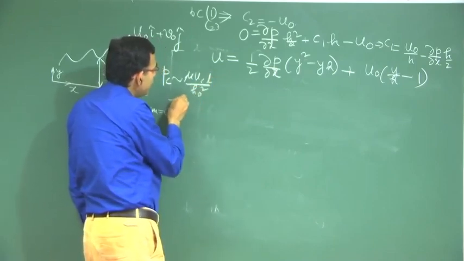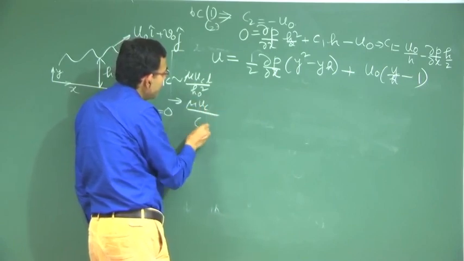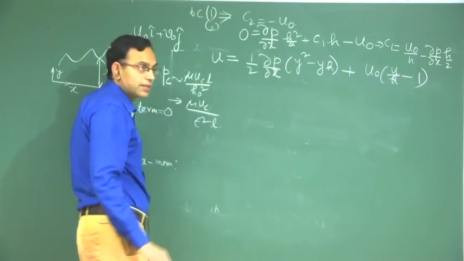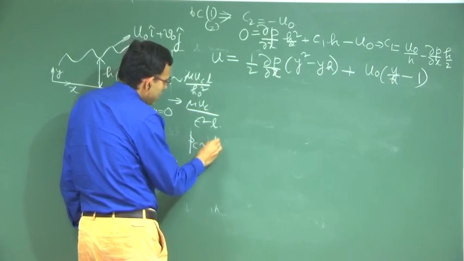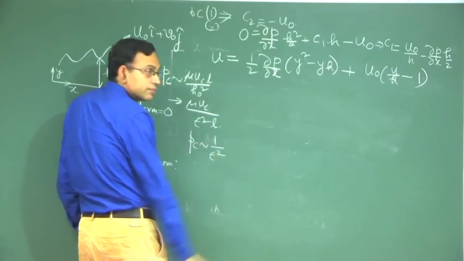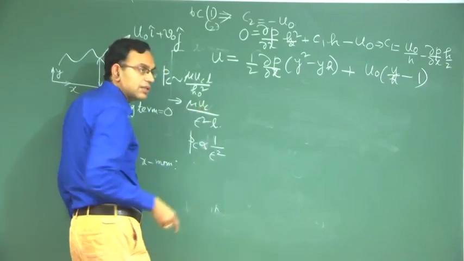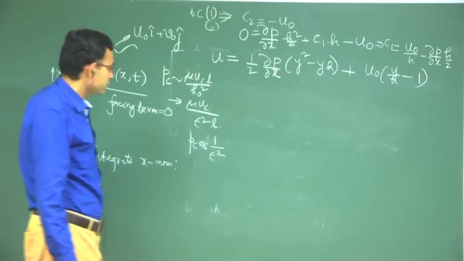So, this you can write in terms of the small parameter epsilon, mu UC by epsilon square L, right. So, PC scales with 1 by epsilon square, even forgetting about the other things, it varies with 1 by epsilon square.